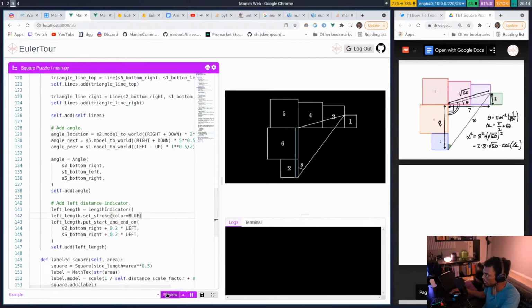No, I'll go with blue. Yeah. Great. So I need this, and then I got to have that root 6 plus root 2. Yeah.